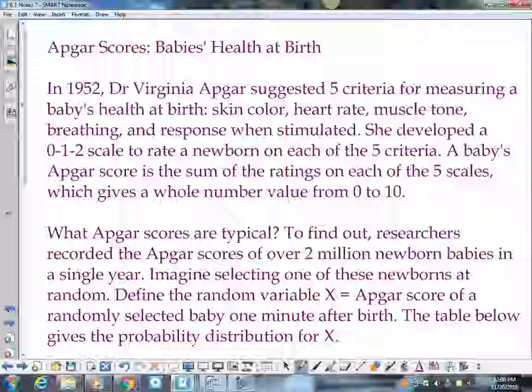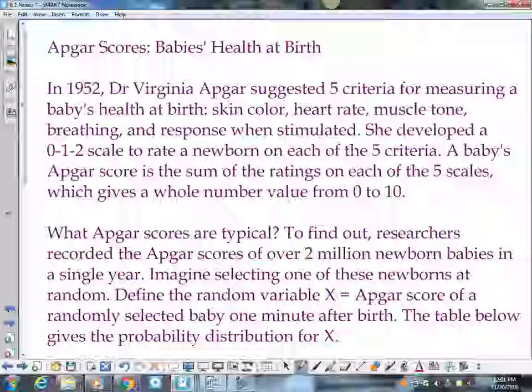In 1952, Dr. Virginia Apgar suggested 5 criteria for measuring a baby's health at birth: skin color, heart rate, muscle tone, breathing, and response when stimulated. She developed a 0, 1, 2 scale to rate a newborn on each of the 5 criteria, because this is something that doctors can do very quickly.